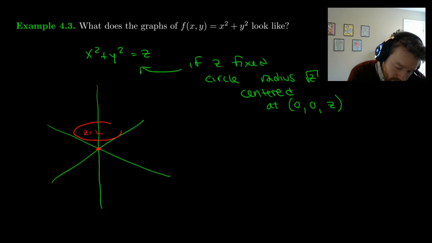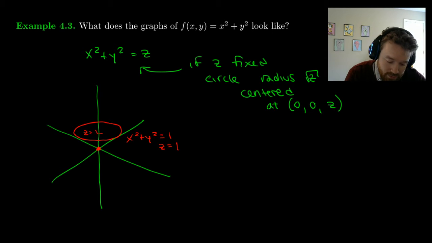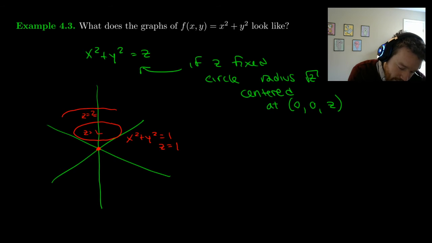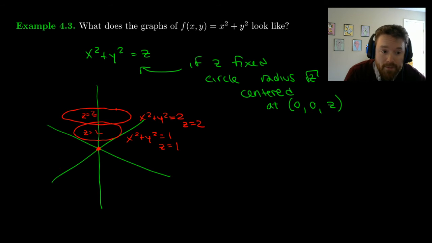So here is x squared plus y squared equals 1, and z is equal to 1. So that's that curve. Up here at z equals 2, I have a circle x squared plus y squared equals 2, and this is now a circle of radius square root 2.